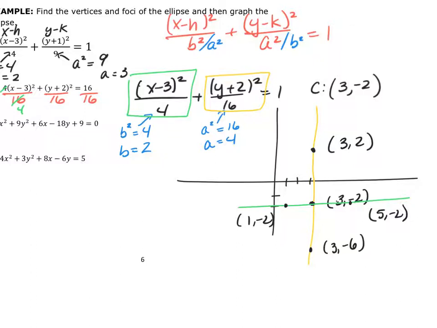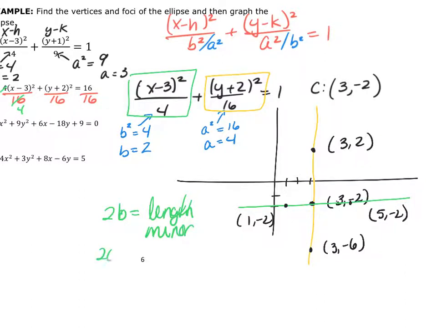2 times my a is the length of my major, and 2 times my b is the length of my minor. Then I might have to use that. But because I have the equation, I don't need that. But I do know it's still true, right? If my 2 times my b is going to be the length of my minor, what was my b on this one? 2.